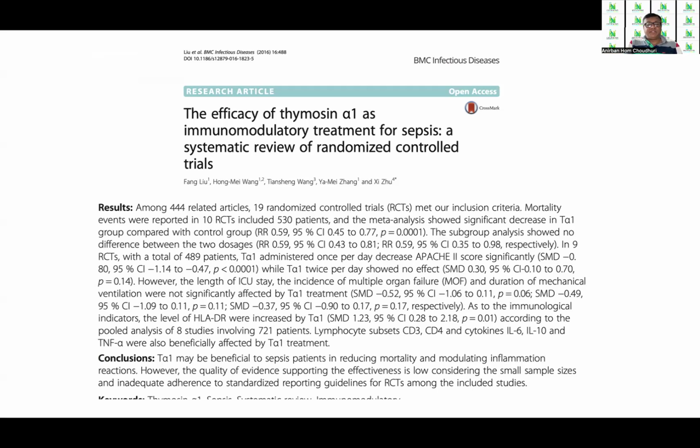However, the quality of evidence supporting the effectiveness is low, considering the small sample size and inadequate adherence to the standardized reporting guidelines for RCTs among the included studies. So, we can say that the efficacy of thymosin alpha as an immunomodulatory treatment for sepsis is still under debate, and we need more studies to either confirm or refute it.